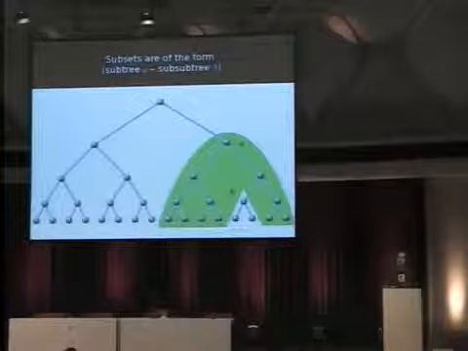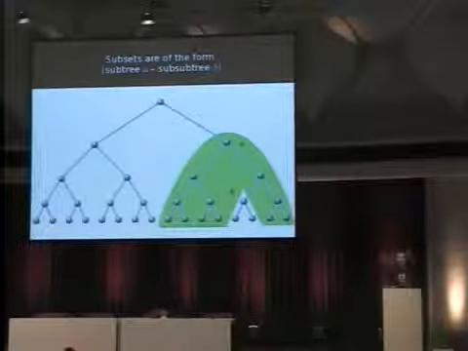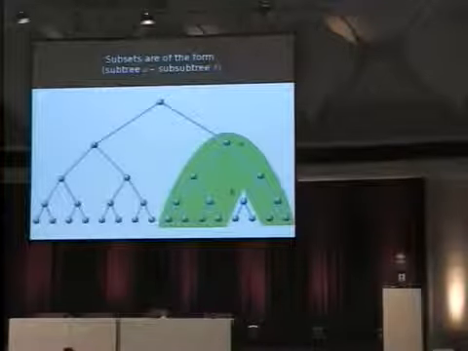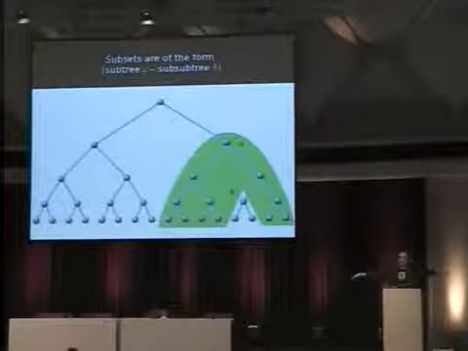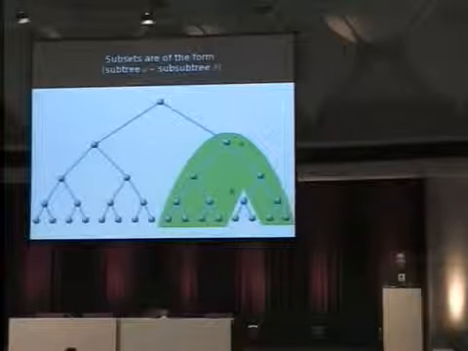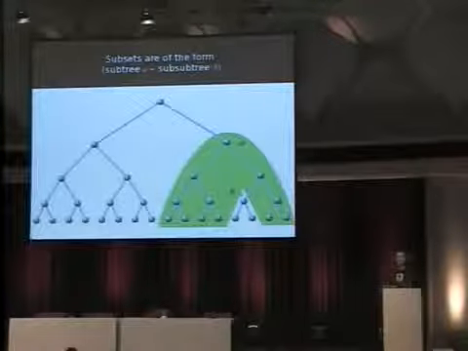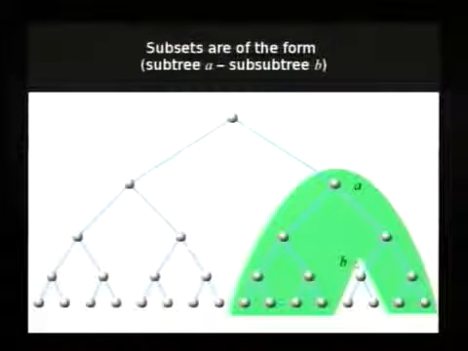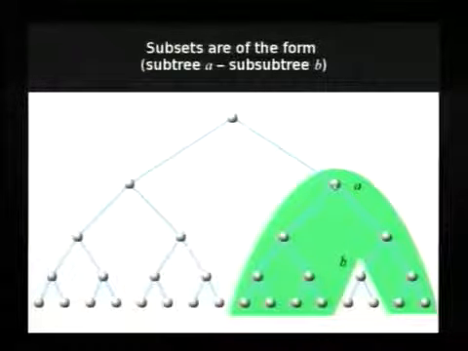And the subsets are specified as a subtree somewhere in this huge tree, starting at the node A. And so it's this big cone that falls down from the node A. But there's a second part of the subset, which is that it doesn't contain any of the nodes that are inside another subtree inside that, which is rooted at B. So this is why it's called a subset difference, because you've taken the difference between the subset A and the subset B.